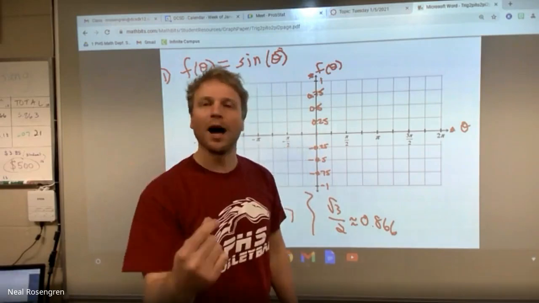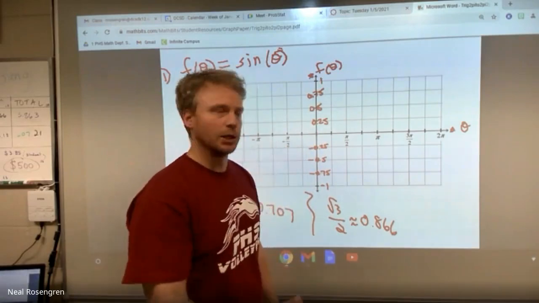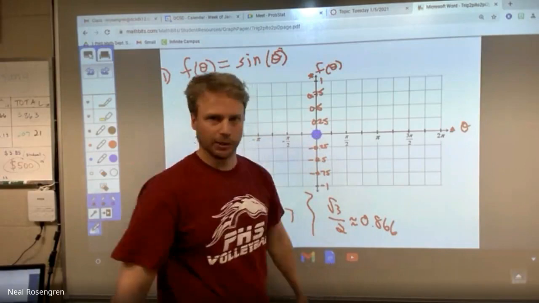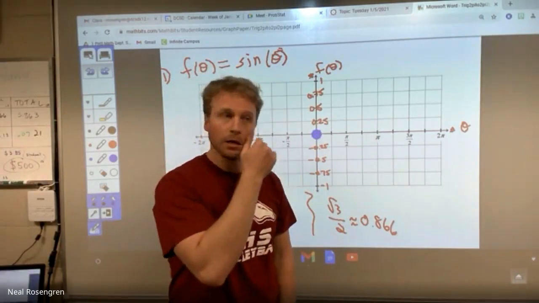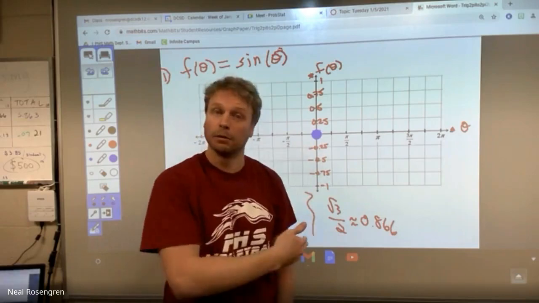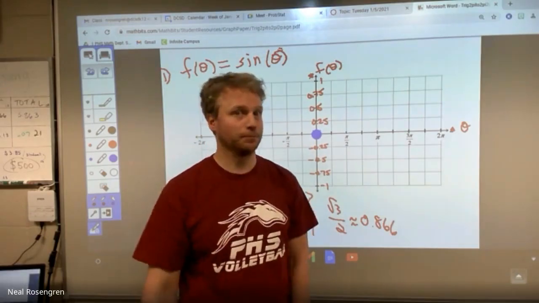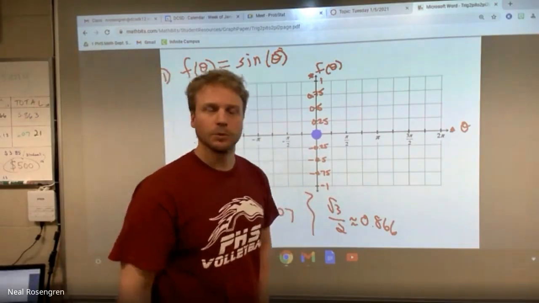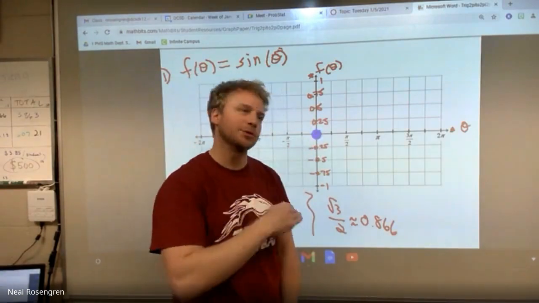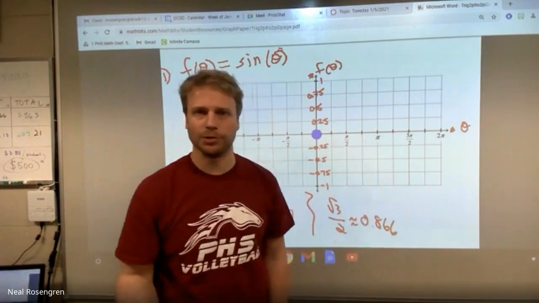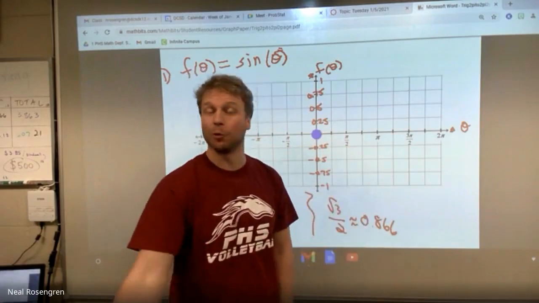The y value at 0 radians is 0. So we have a point at the origin. Sine starts in the middle, and always will, okay? Now, so I put a point there. Now, as I open up some positive angles, I get myself to pi over 6. I don't have a pi over 6. I've got a pi over 4, which is at 45 degrees.